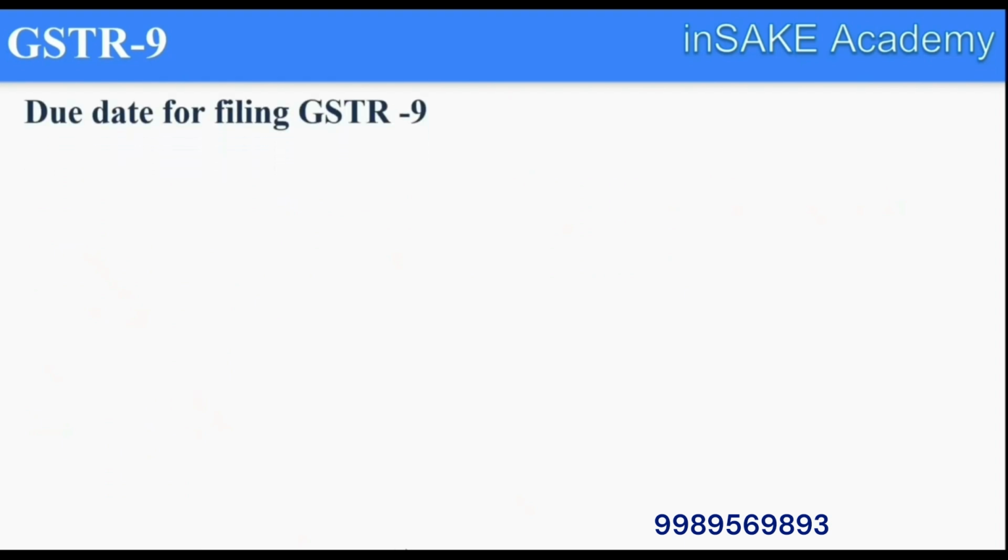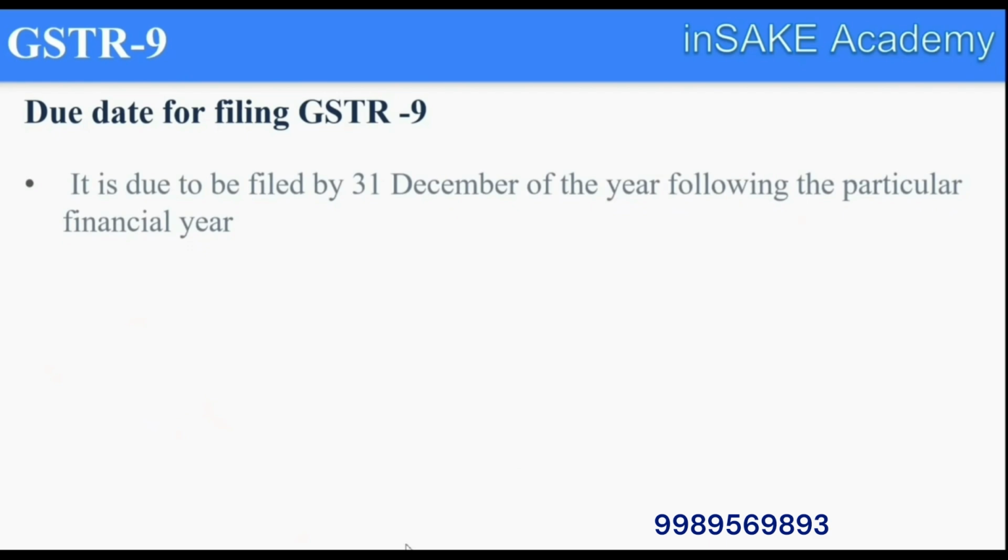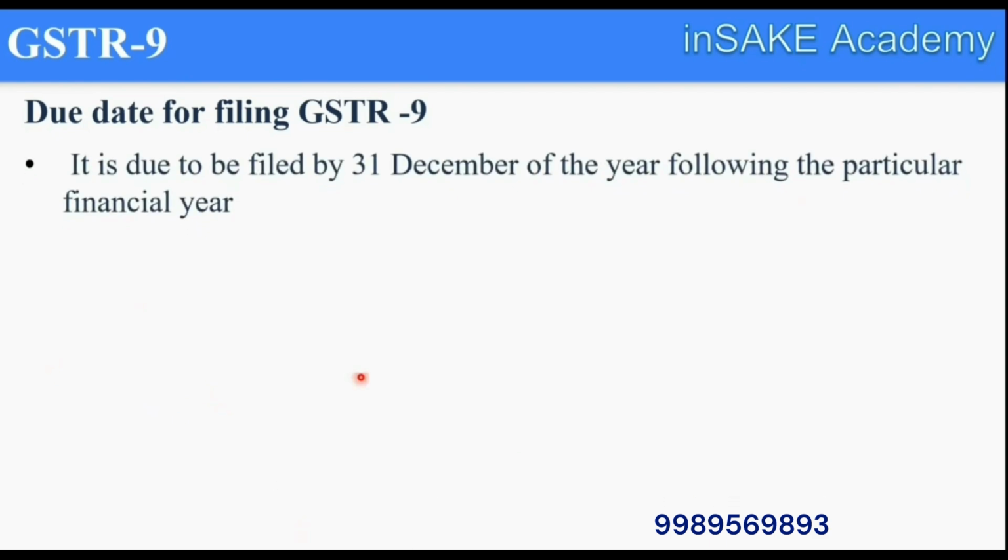So, the due date for the filing of the GSTR 9 is the 31st December of the year following the particular financial year. Take an example, financial year 19-20, which ended on 31st March 2020, they have to file on or before 31st December 2020.